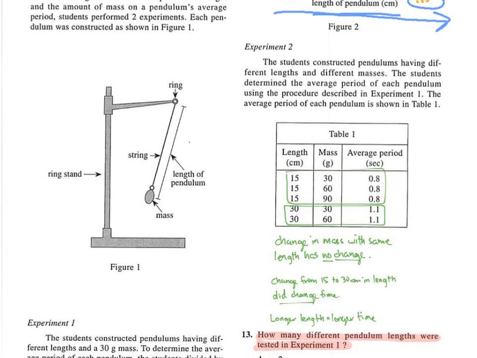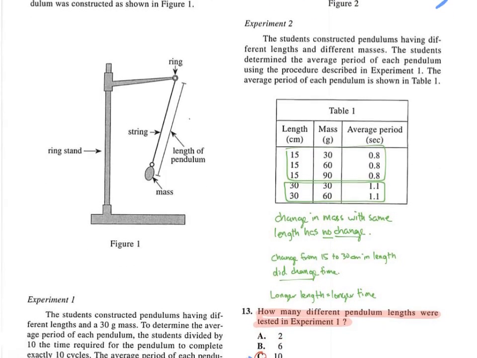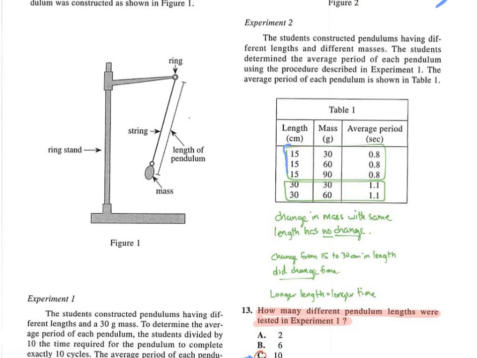You could also look at experiment 2 and notice that when they had a length of 15, regardless of what they did with the mass, they had a period of 0.8. But when they made the length 30, the average period went up.